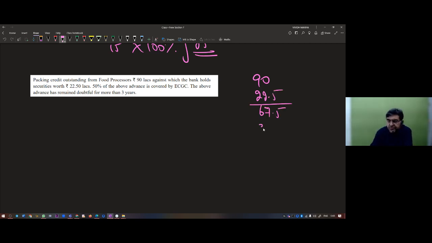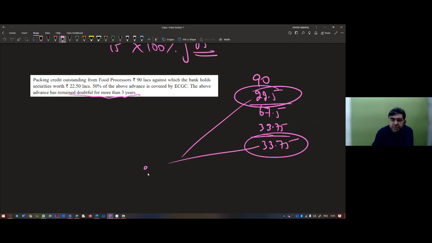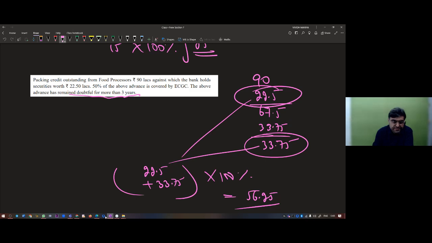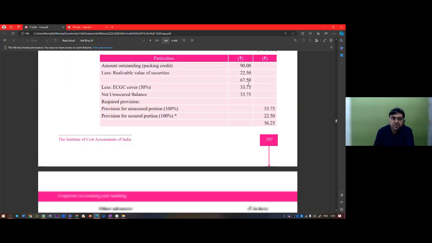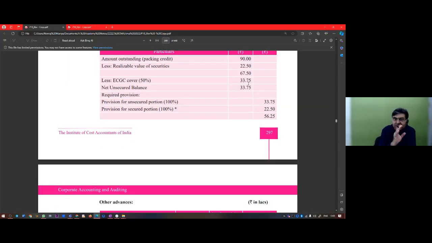CGC cover is 50%, 33.75. Remaining unsecured, and these are doubtful for more than 3 years. If they are doubtful for more than 3 years, then secured or unsecured, the provision will be 100%. 56.25 answer. See the beauty.